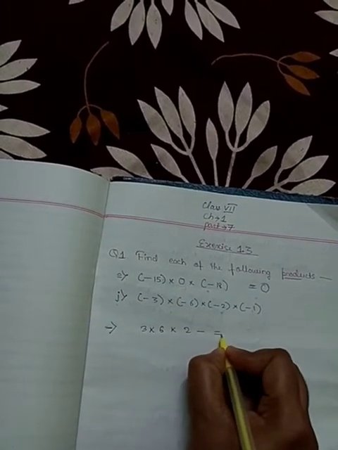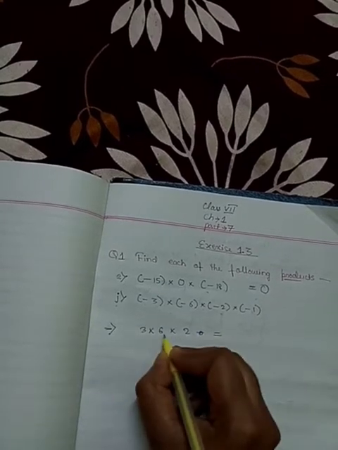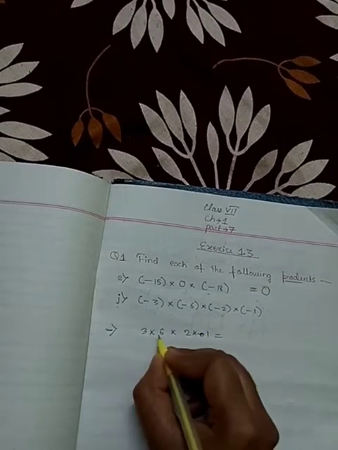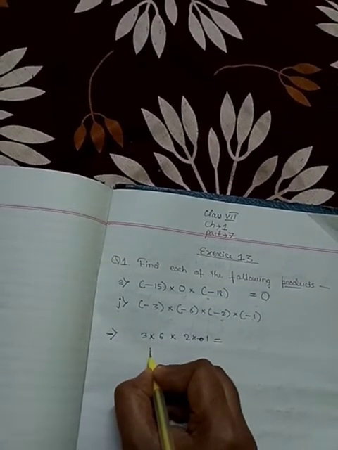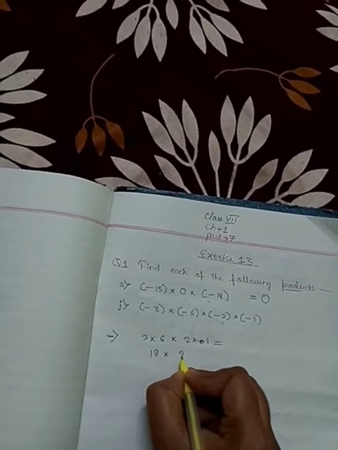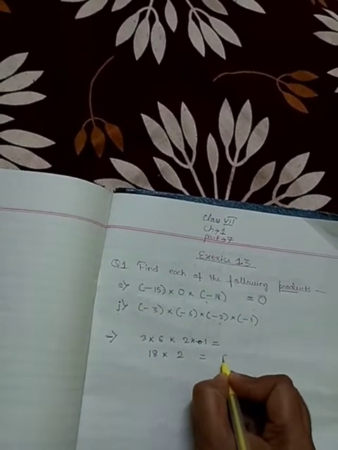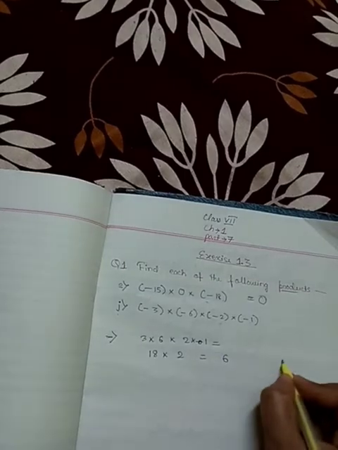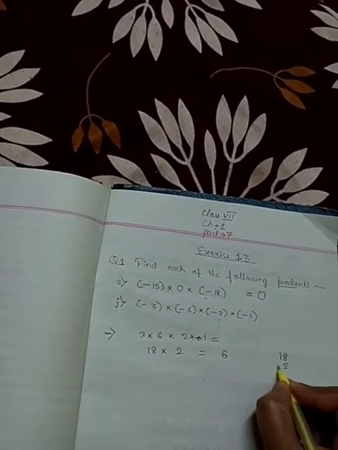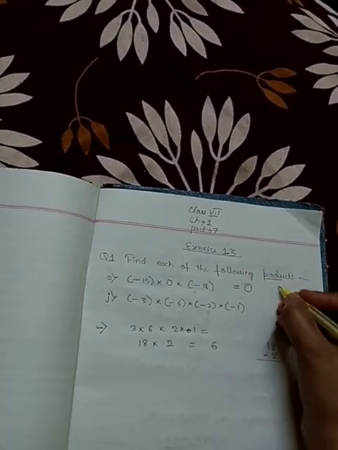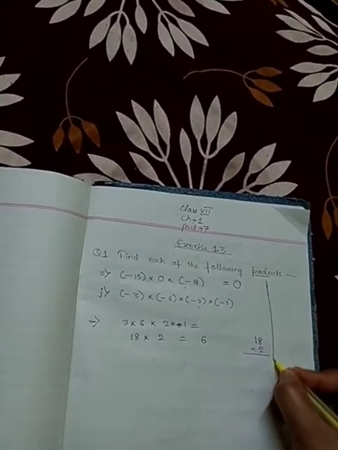So what will the answer be? This is 1, multiply into 1. 6 into 3, that is 18, into 2 into 1, that is 2. So 18 into 2, 8 2s are 16, 6 carry 1, 2 1s are 2 plus 1 is 3, 36. If you get any confusion, just do the multiplication part on your rough side.